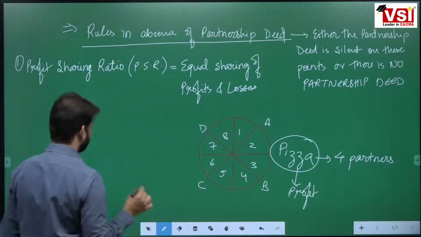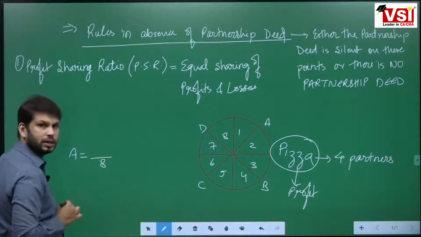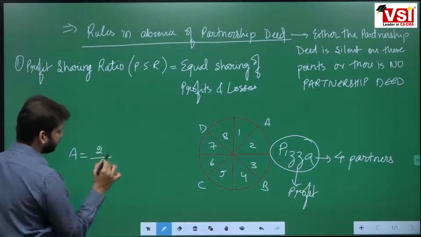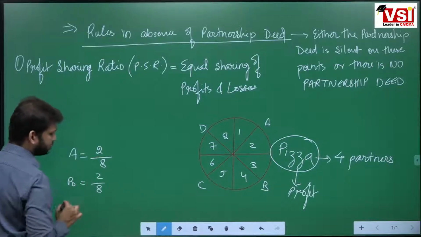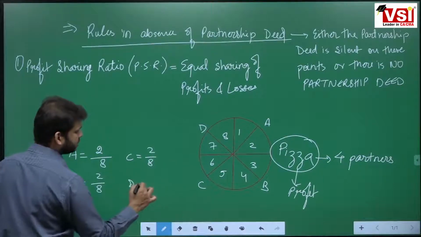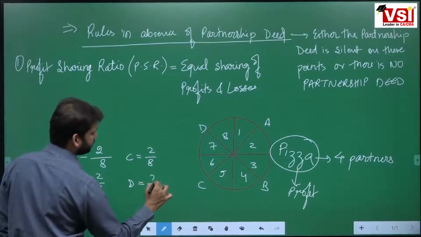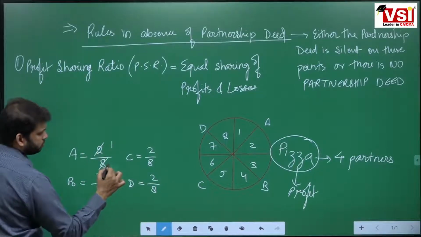Out of 8 slices, A will get how many? 2 slices. B will get how many? Out of 8, B will also get 2 slices. C will also get 2 out of 8, and D will also get 2 out of 8. If we solve this, it is 1/4.